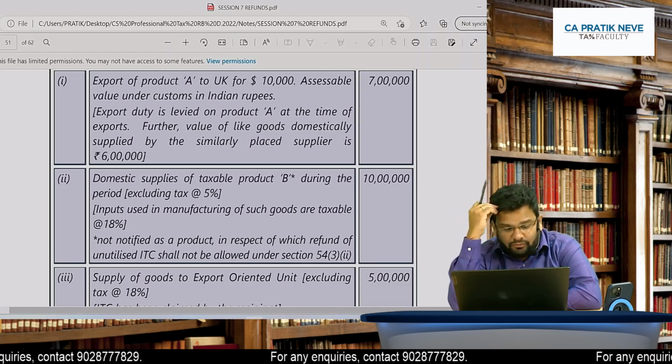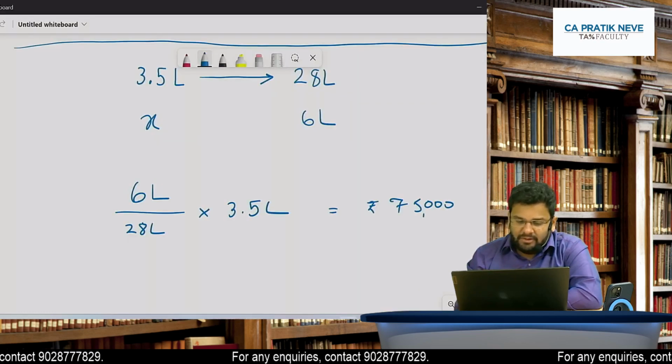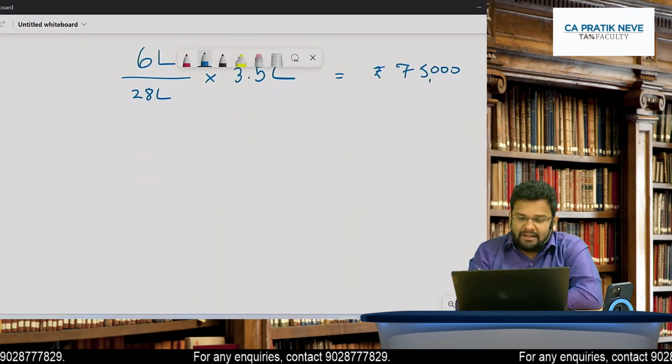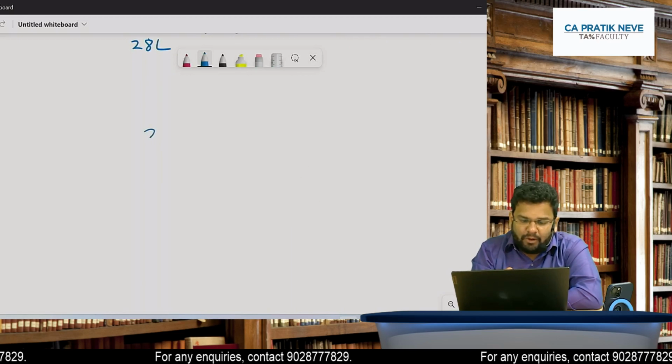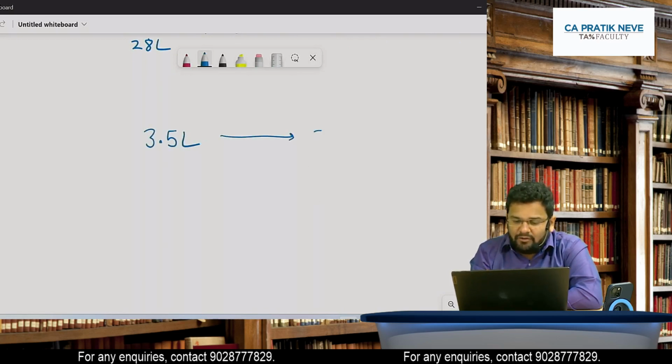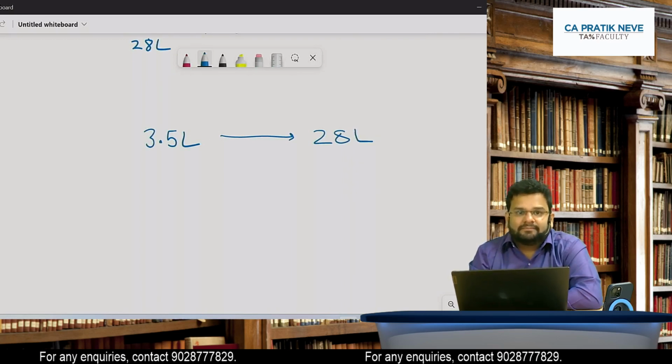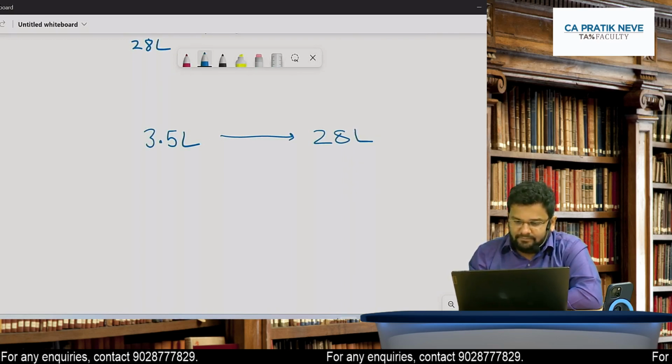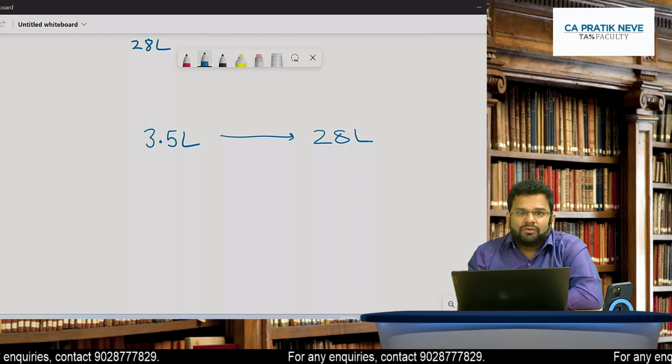Already you know a lot of things from this question, that total ITC is 3.5 lakhs. You also know that 3.5 lakhs is for 28 lakhs. Yes. What further you know?